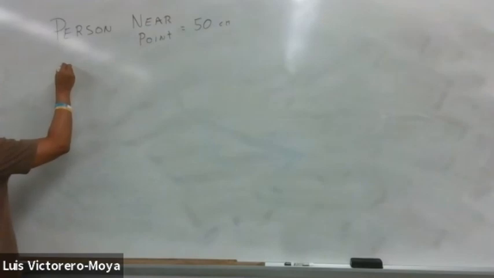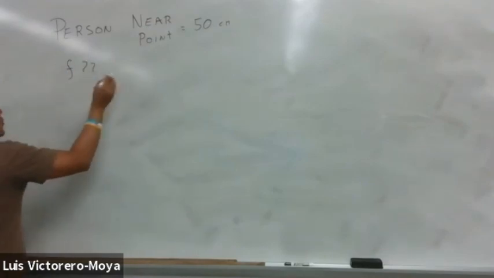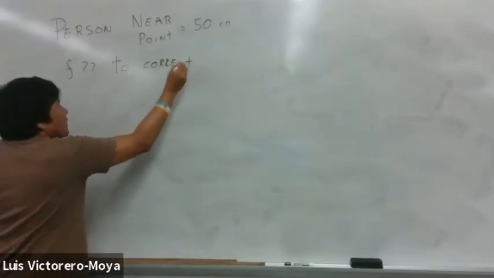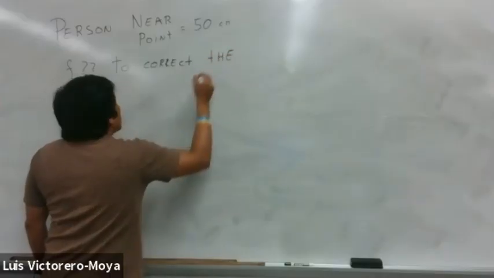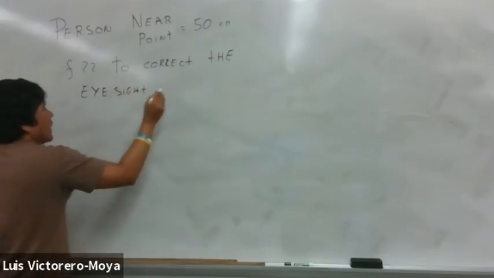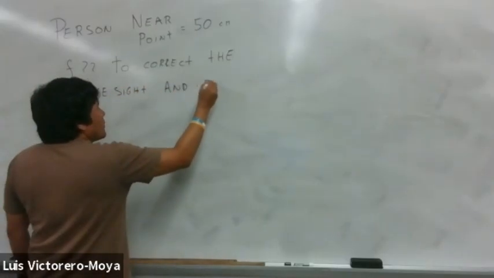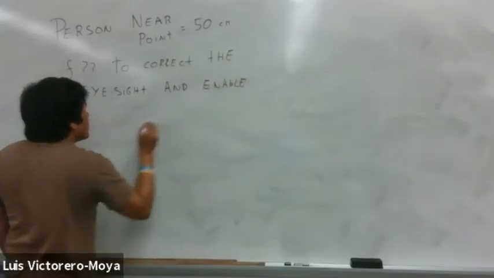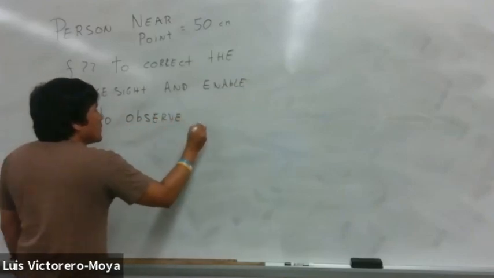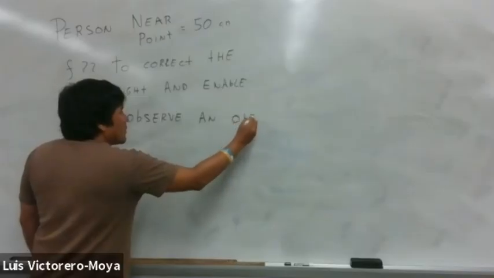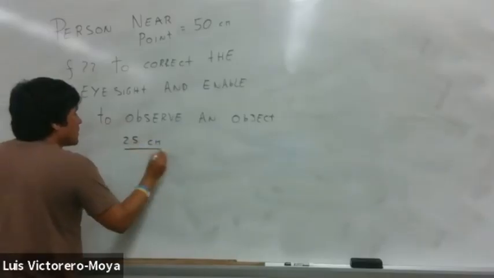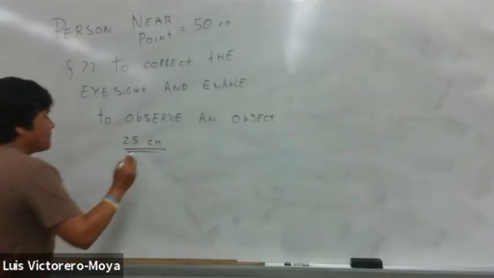So what should be the focal length to correct the eyesight, and enable the person to observe an object 25 centimeters away?